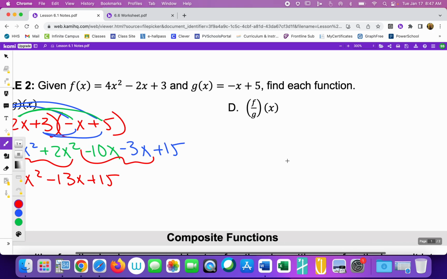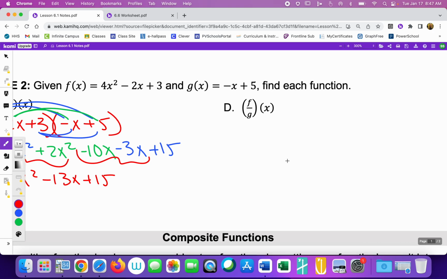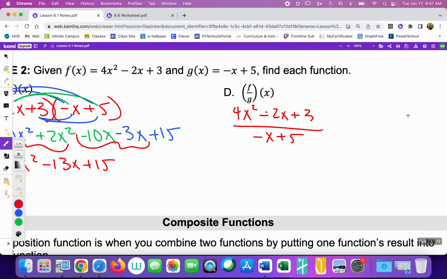Now f divided by g, write f in the numerator, g in the denominator. And there's one other thing we have to do. So we have 4x squared minus 2x plus 3 over negative x plus 5. Now you also need to include the value of x in the denominator that would make that equal to 0, because we have to not include that in our domain.